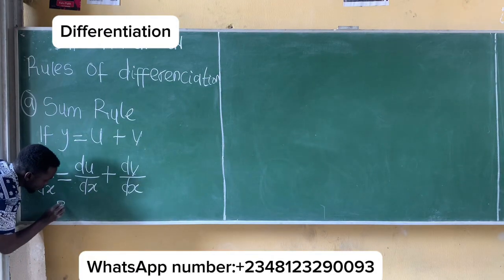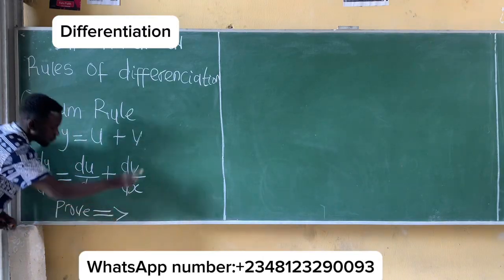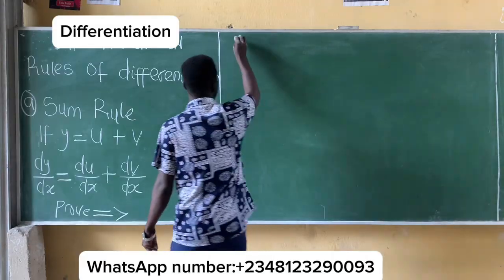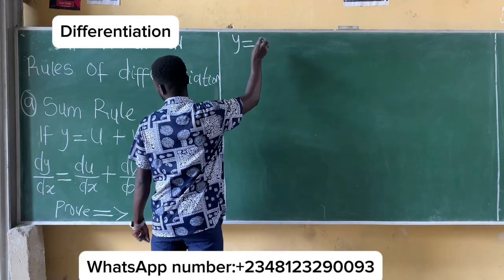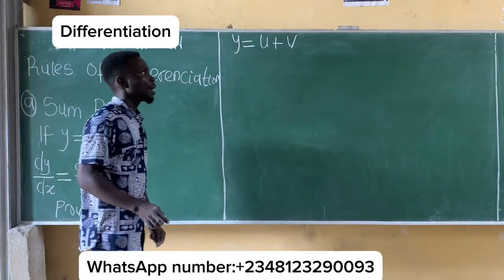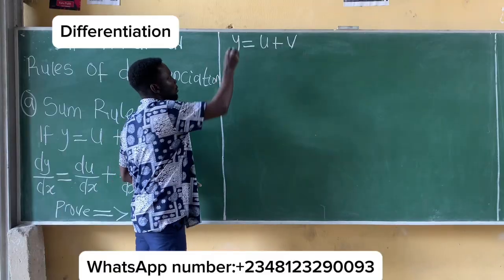So let's prove it. Okay, let's prove it here. Now the question is y equal to u plus v. How do you find the derivative of the sum of the function?